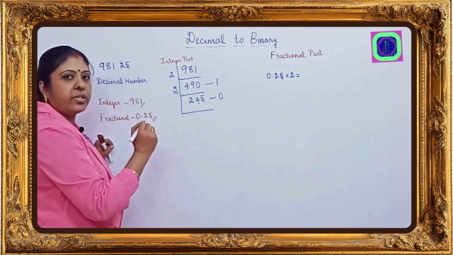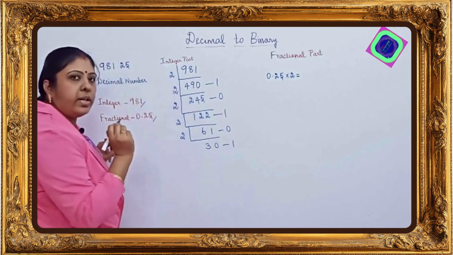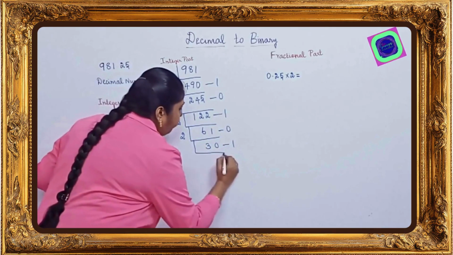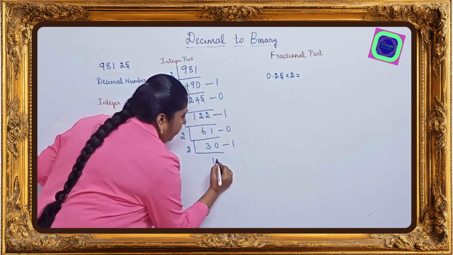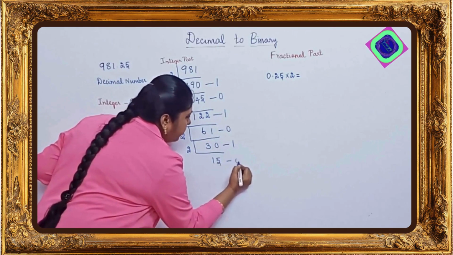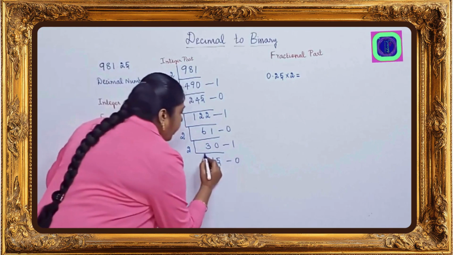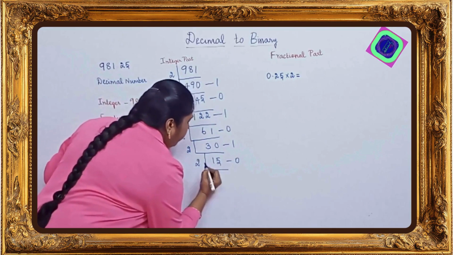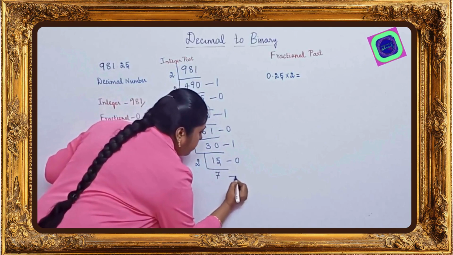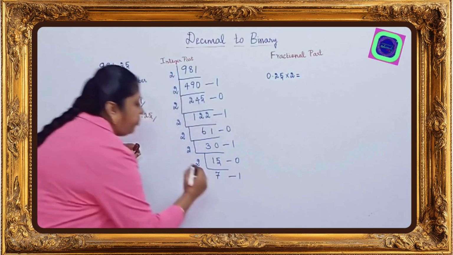Again 245 has to be divided by 2. Now 30 is going to be divided by 2, which gives 15 with remainder 0. Again 2 7s are 14, so remainder 1.